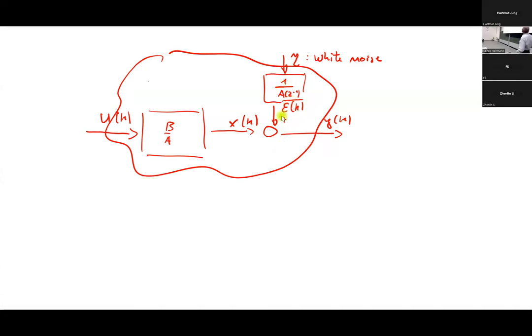This is the true system. So the question is: is it possible to enter a filter in the disturbances, epsilon, which looks like 1 over A? Question for you. What do you think? Who thinks it's yes?